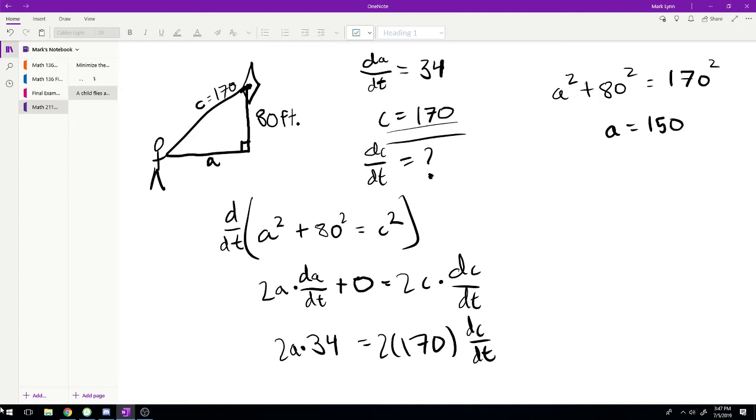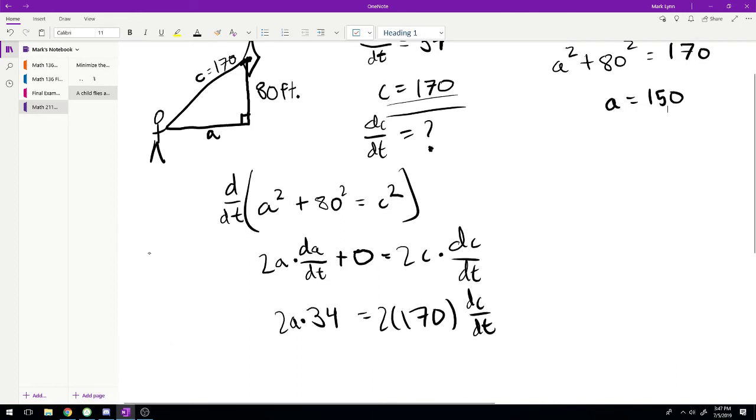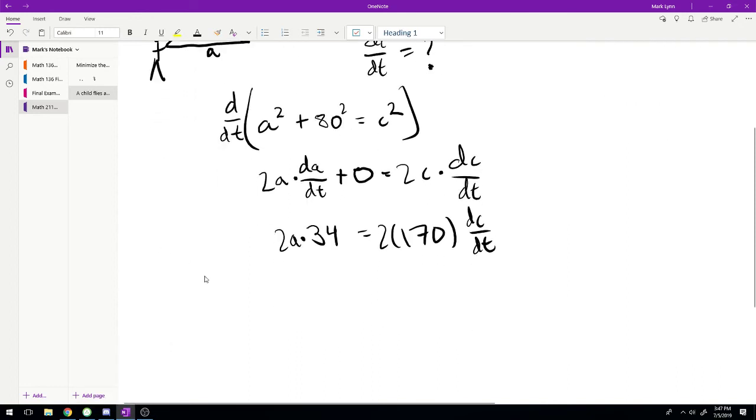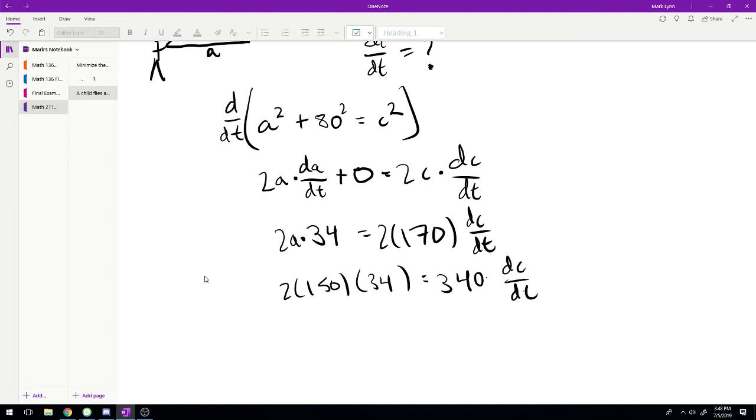Now we can plug that in down here to help us solve for dc/dt. We get 2 times 150 times 34 equals 340 times dc/dt. If we do those multiplications and divisions, we get that dc/dt is equal to 30 feet per second.